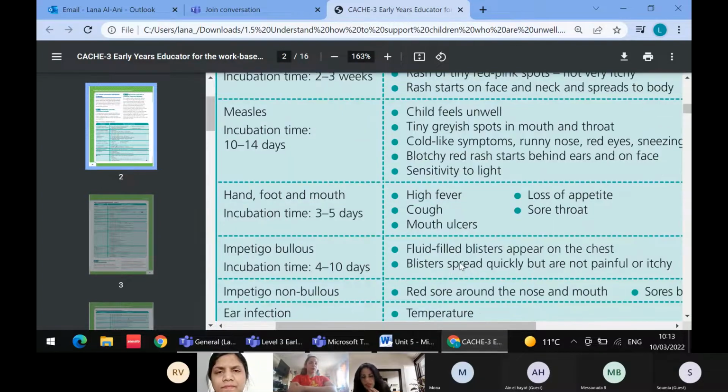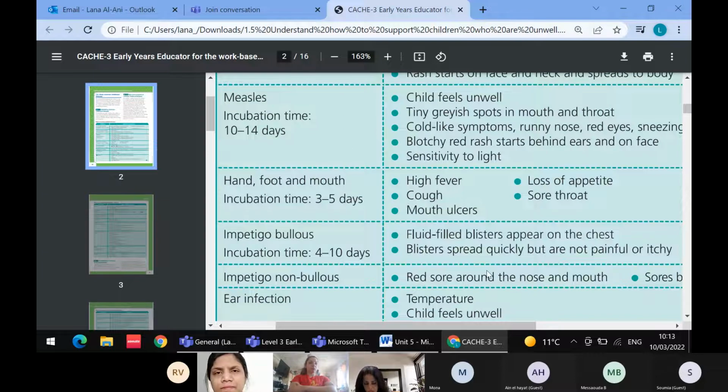How about the hand, foot, and mouth? In that, one of the hand and one of the foot, there will be pain actually. My child had this one last year. Okay. It's a kind of infection with a fever, cough, and sore throat.